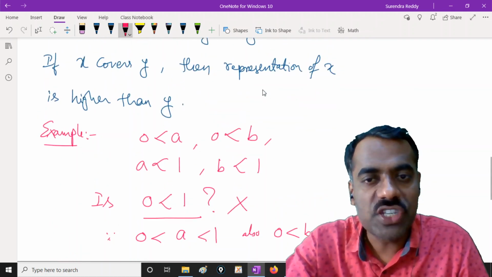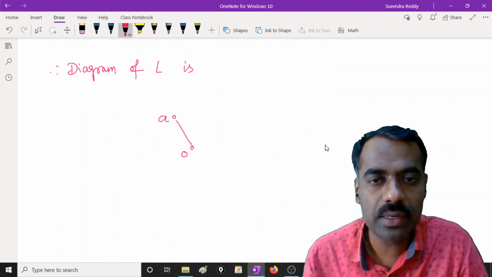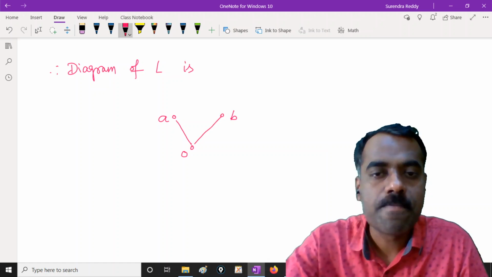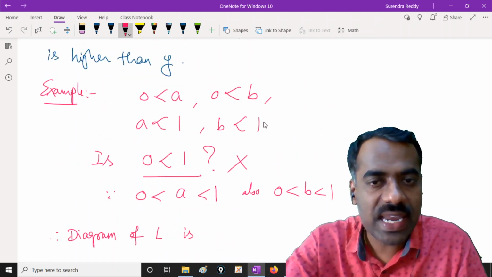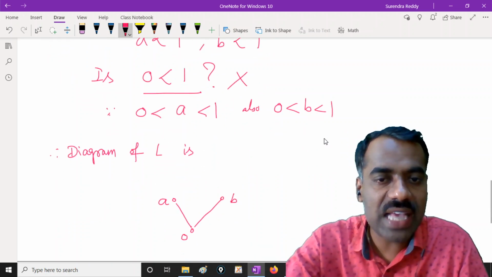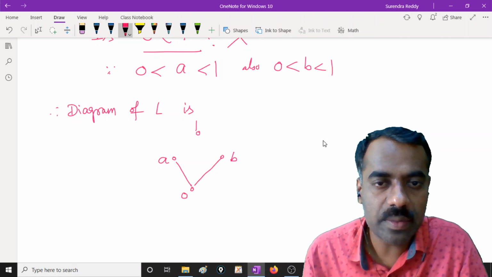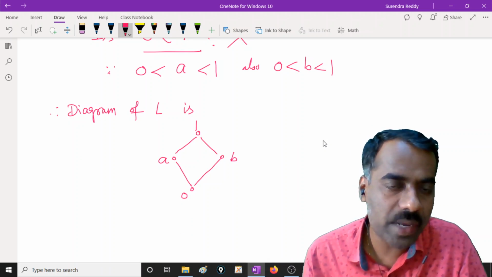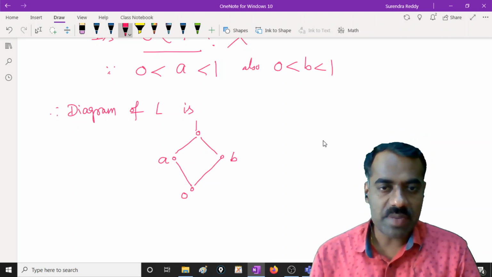Similarly 0 is also covered by b, so b should be higher than 0. Then what other elements do we have? 1 is there, 1 covers a as well as b, so 1 should be higher than a as well as b, okay. Yes, now you can see that between 0 and 1 we should not have any straight line, because 0 is not covered by 1, because in between a is there.